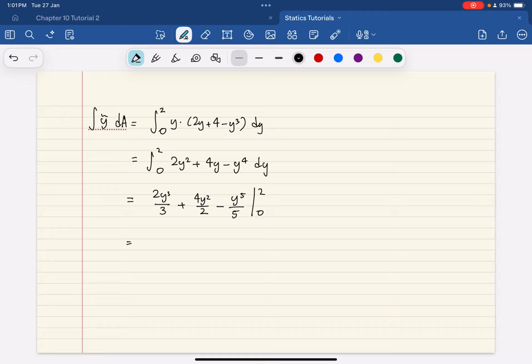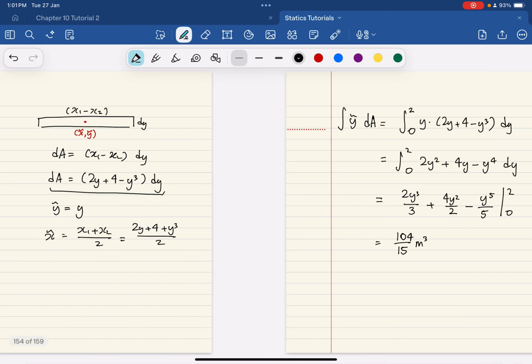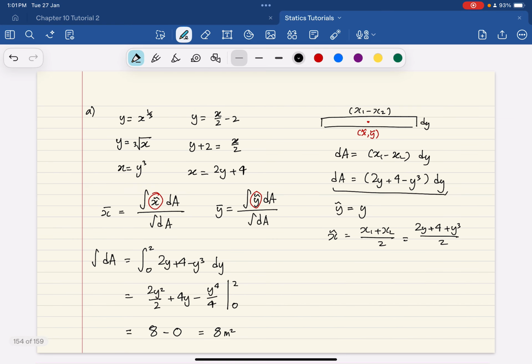You get 104 over 15. This is meters cubed, by the way. Let me just check. Yes, the dA was this one. Okay, great.